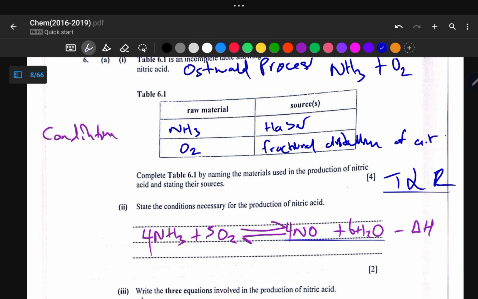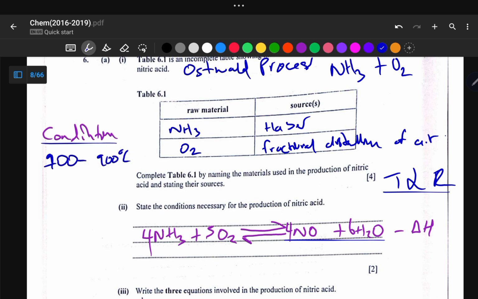We said for industrial processes, we're mainly concerned with the speed, the time, the yield, and minimizing the cost, right? So we want to use conditions which will facilitate the forward reaction at a faster rate. So we use a moderate temperature of about 700 to 900 degrees Celsius, right?